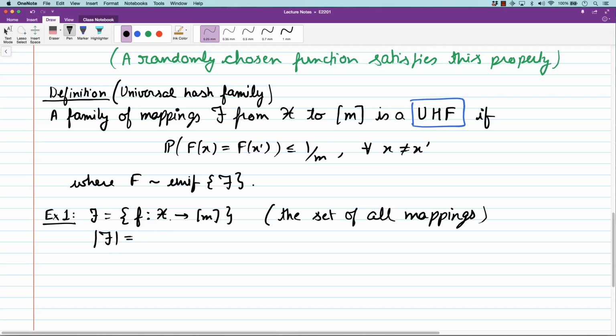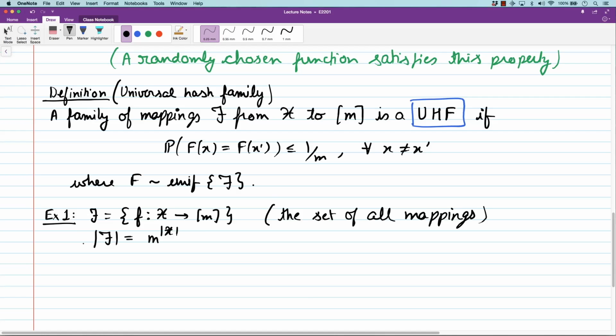The number of such mappings: there are |X| points, and each of them can be given any of the values 1 to m. So you get m to the power |X| mappings. Huge, just exponential in |X|, and X itself is supposed to be very large.